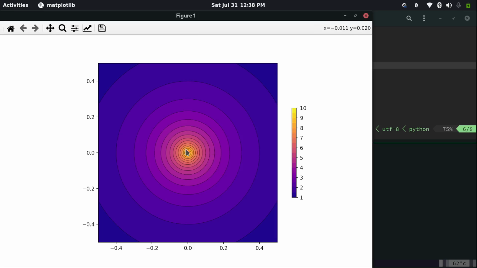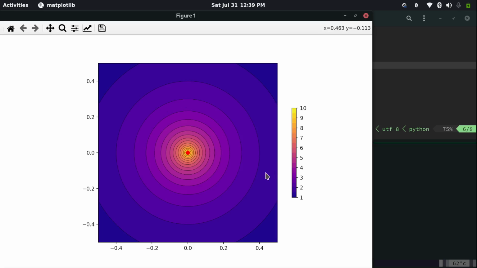This means that if you have just a single charge, the equipotentials will be spheres, or if you are in 2D, just circles. On these circles the potential will be constant.